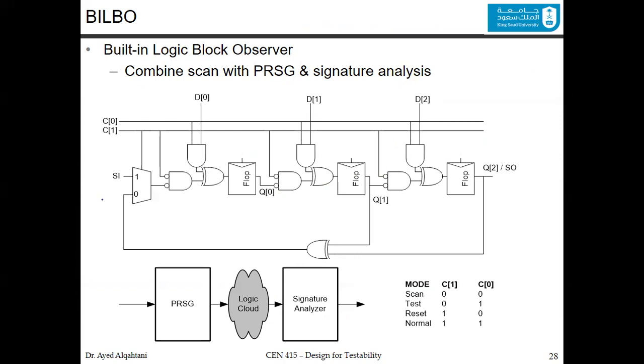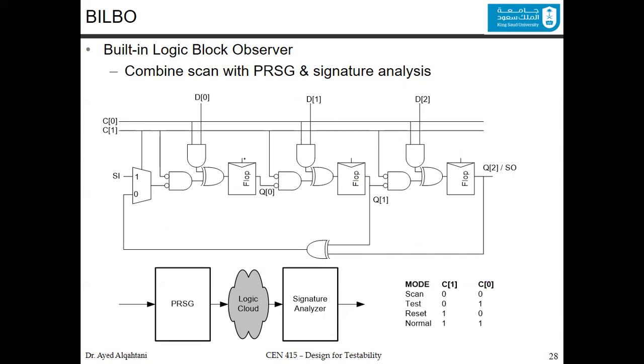This is the design. You have flip-flops, 3 in this case, and either you get the normal mode where the D goes into the flip-flops, or you have other modes. The modes that we have are scan, test, reset, and norm. And you have C0 and C1 to indicate which mode you are in right now.